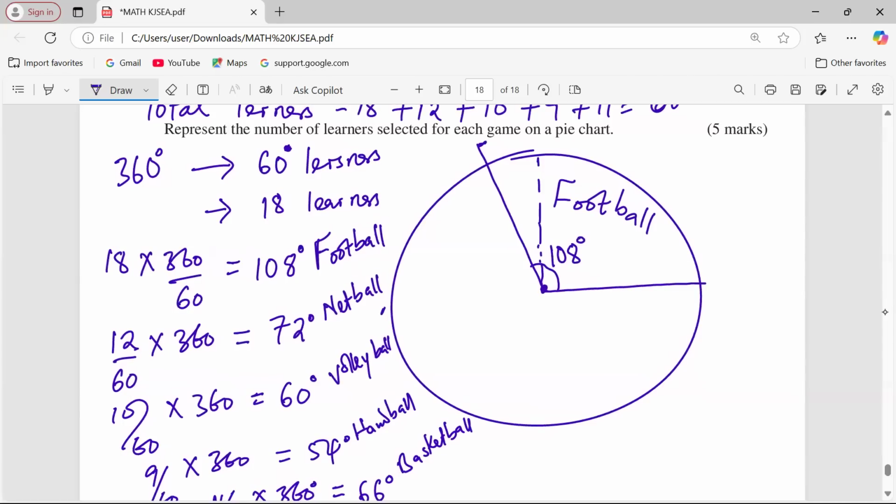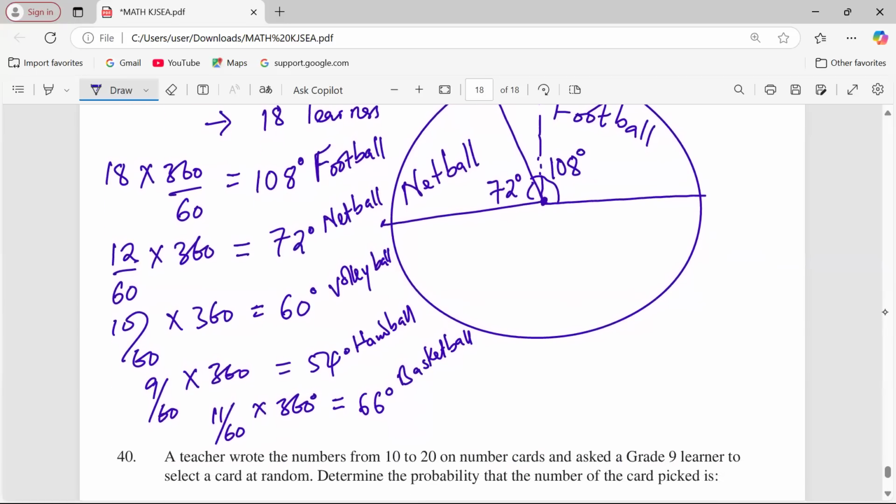Yeah, so we connect an angle of 72. We're supposed to show students everything so that learners may not say that the 72 represents netball. I don't want anybody to complain that they never understood.